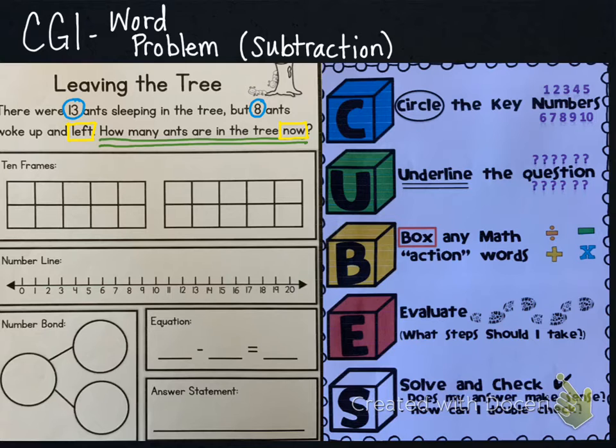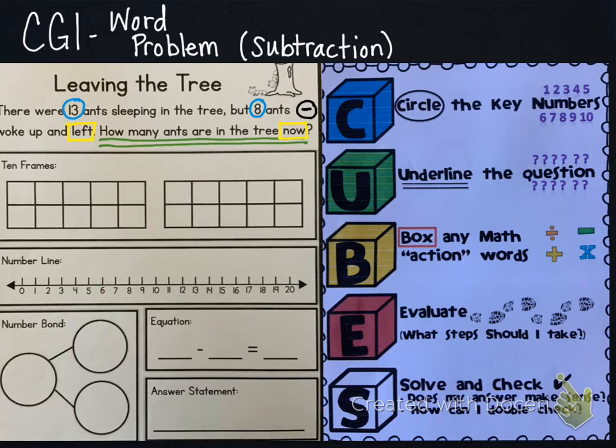Those are two very important words because they want to know right now how many are left. So now we've decided that this is a subtraction problem because we are going to take the 8 away from the 13, because remember those 8 left. So I'm going to put a little minus sign and I'm going to circle it, just so that I know it's a subtraction problem.